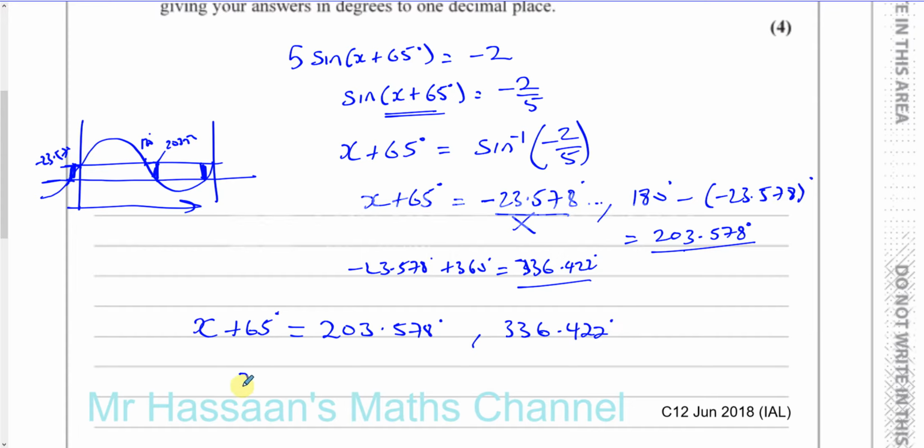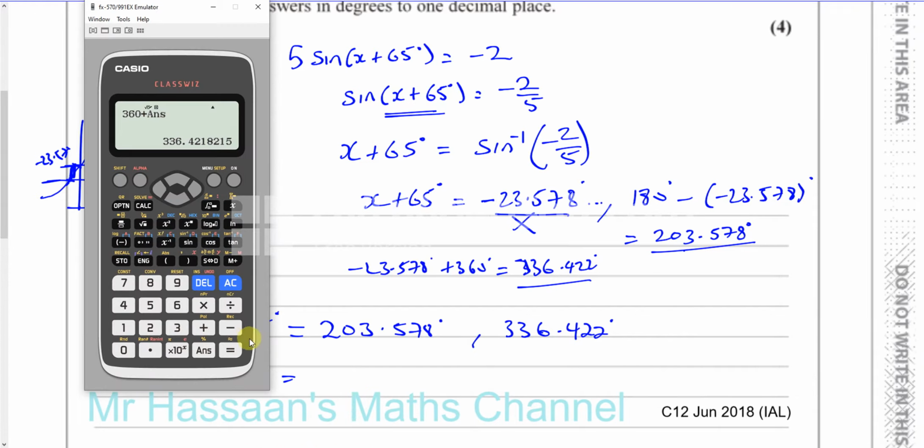So to find the value of x, we're going to subtract 65 from both of these angles. Let's start with this one, 336.422 minus 65, which gives us 271.421.